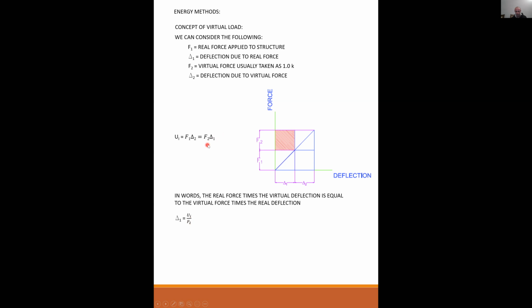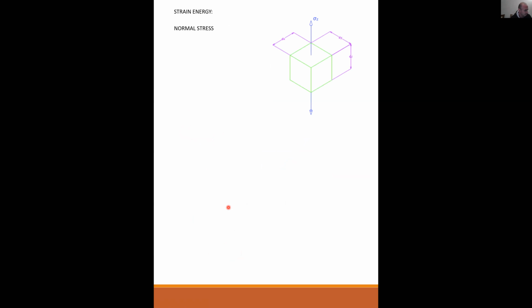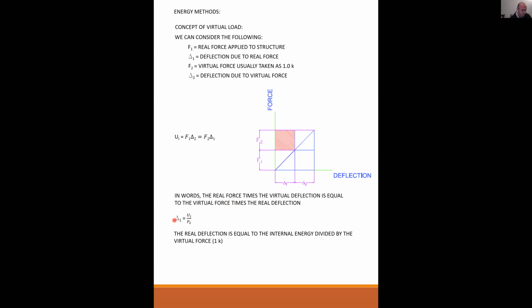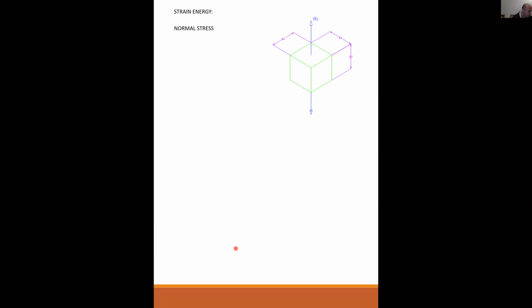Delta 1 is equal to the internal energy divided by F2. The real deflection is equal to the internal energy divided by the virtual force, but because the virtual force is 1 kip, that's going to make this equation a lot simpler because we're dividing by a unit load. Okay, but what we need to know is what is that internal energy? That's what we need to get to now.